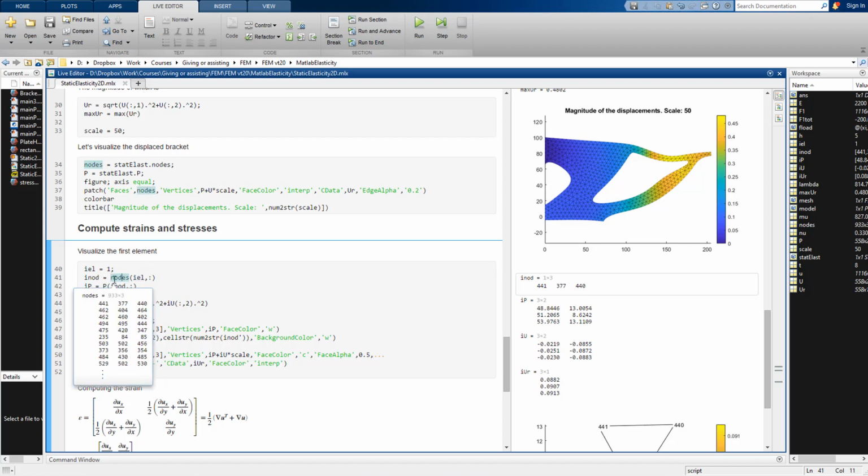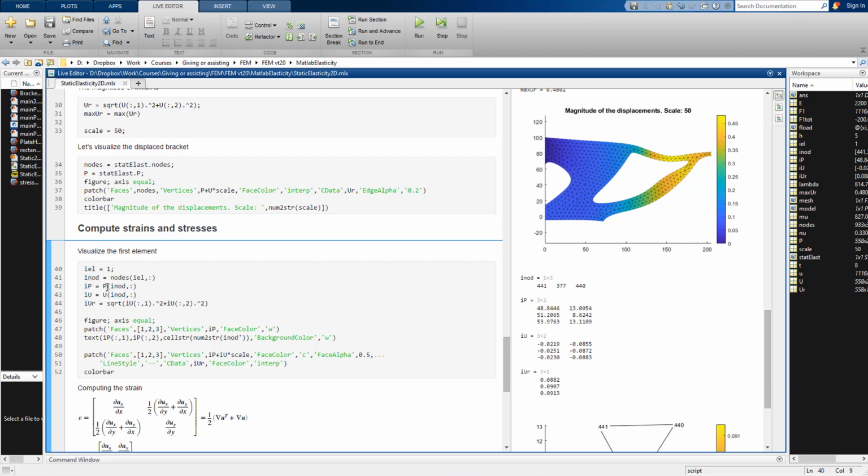So nodes contains the nodes of all the elements. Every element is in a row, so I'm getting the first row here. This means grab this row, which is the first row, and all the columns. So INode is now containing these nodes.